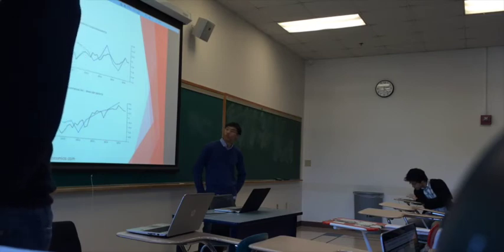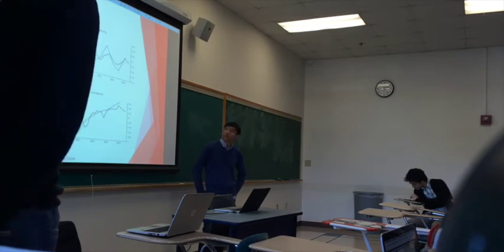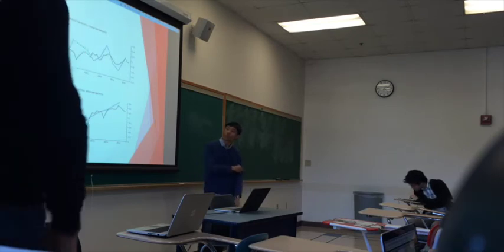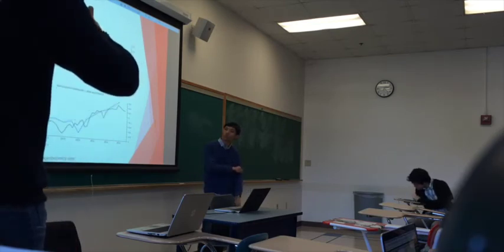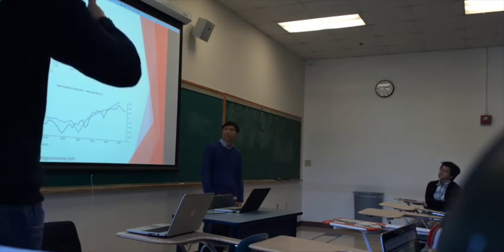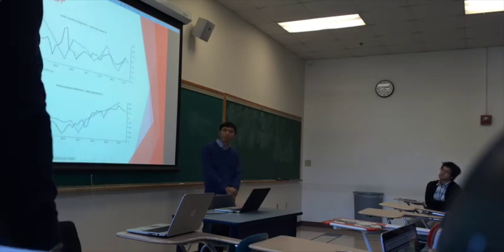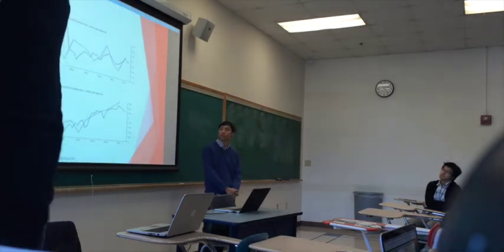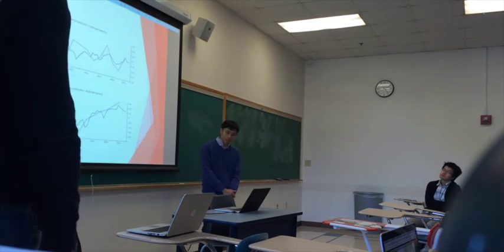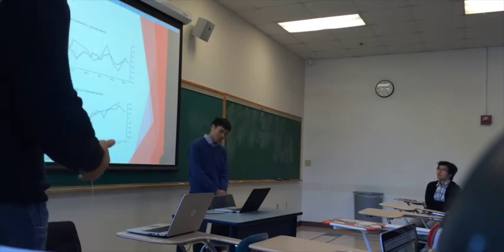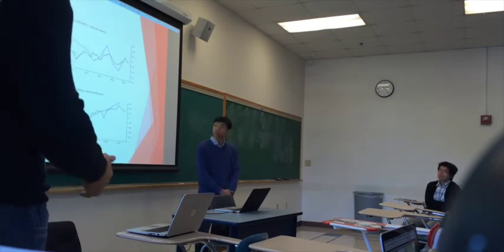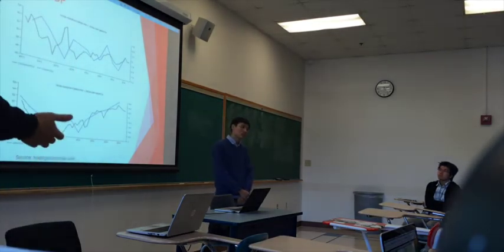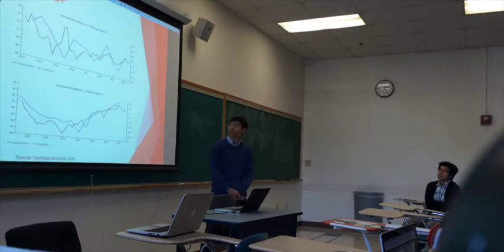You can see the PMI is decreasing and then it's below 50, which means the manufacturing sector is contracting. At the same time, the quarter-on-quarter GDP growth rate is also declining. This happens pretty much across from 2011 to 2014. So for China, the manufacturing PMI can give you a lot of information about what's going to happen to the growth rate.